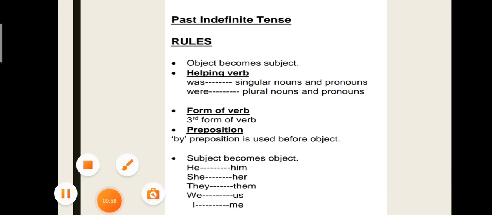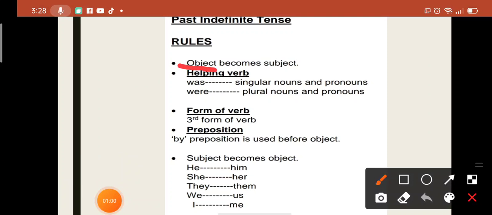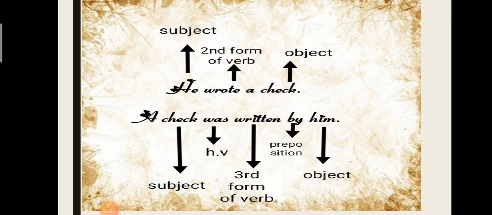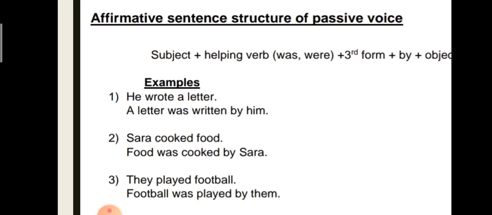The first rule is object becomes subject. Here is an example for you. He wrote a check. Can you tell me what is object in this sentence? A check. A check is object here.